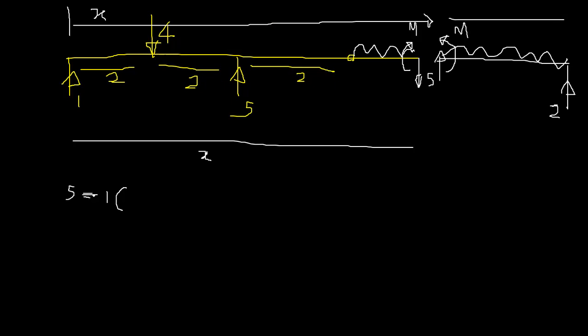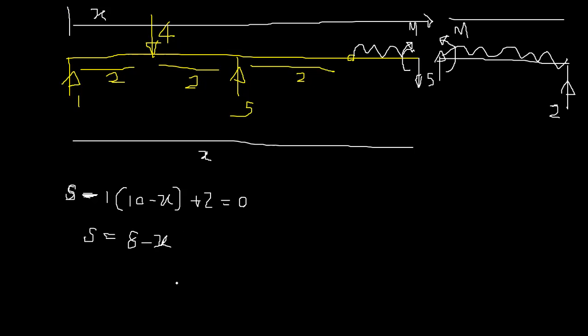So you can write 5 minus 1 into 10 minus x plus 2 is 0, right? So the S would be how much? 8 minus x. So can you see now S depends on x, right?